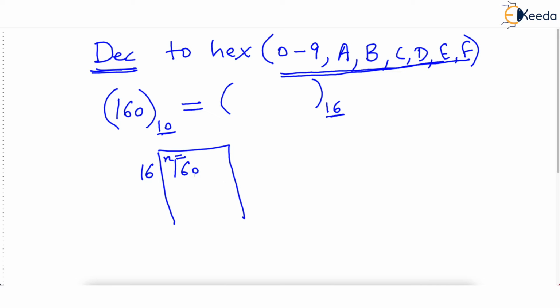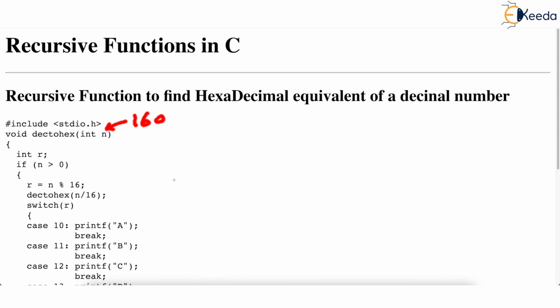So we will get a quotient saying that 16 into 10 is 160, and the remainder obtained will be 0. Let us call this remainder r. So you can see in our function that this statement records the remainder. The remainder is obtained by dividing n by 16 and obtaining the remainder using the percent operator.